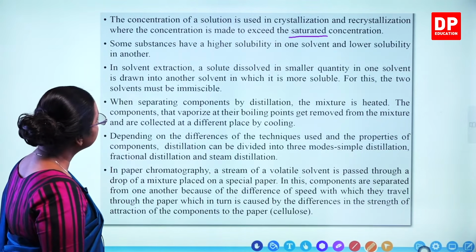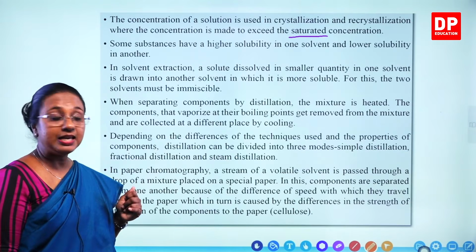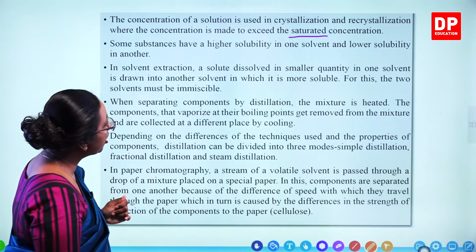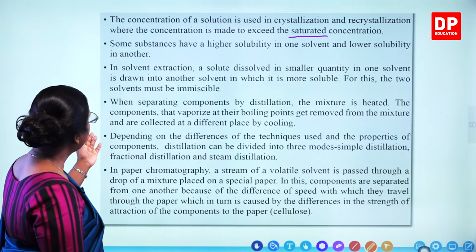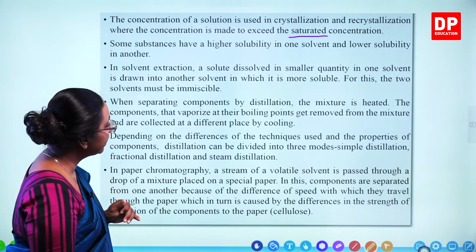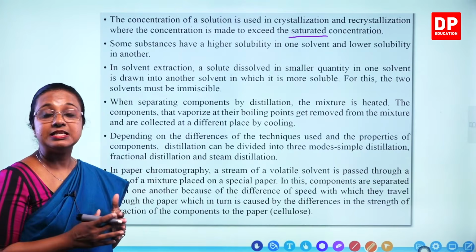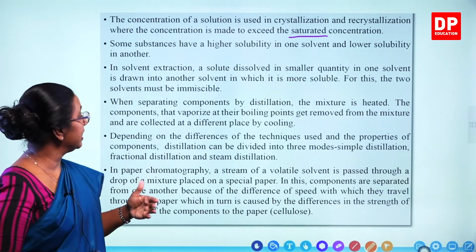When separating components by distillation, the mixture is heated. The components that vaporize at their boiling points get removed from the mixture and are collected at a different place by cooling. So, for this process, we use the distillation setup, which includes a condenser.